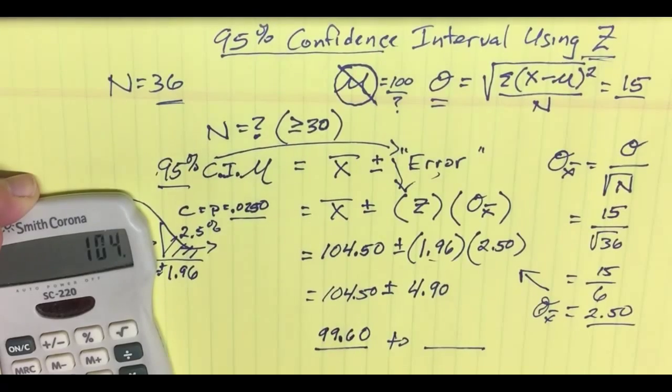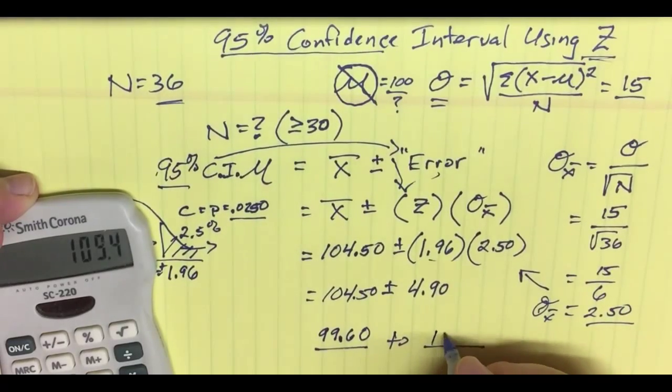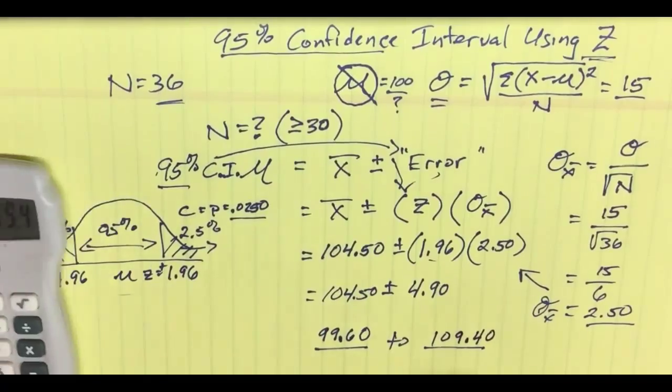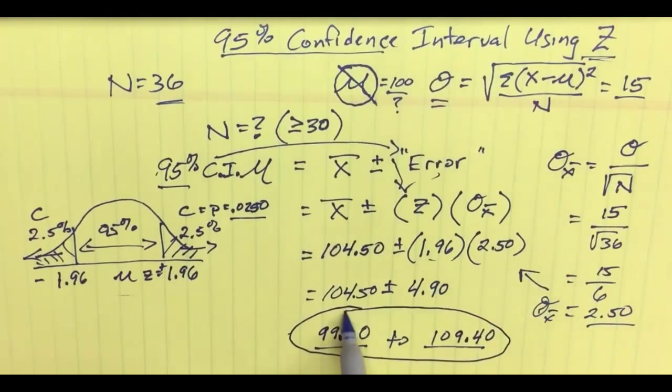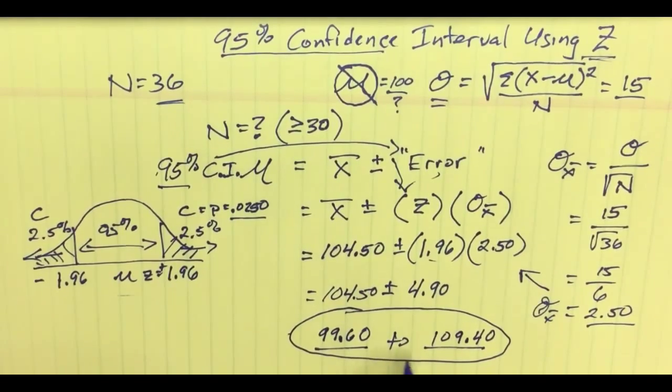Slow down. 104.5 plus 4.9 is 109.4. And there we have it. That is the window around which I'm 95% confident that the true population mean lies.